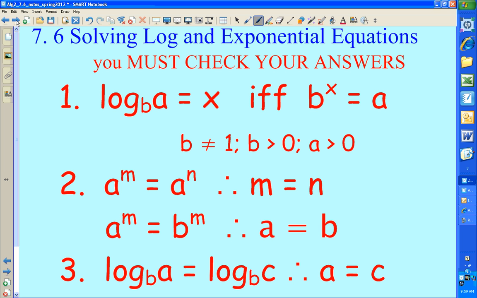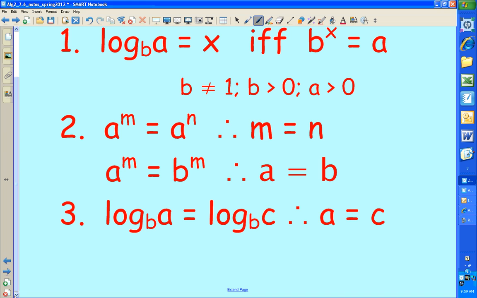If you can get the exponents to be the same, then the logical conclusion is that the bases are the same. And then similarly, if you have log base b of a and log base b of c, if the bases are the same, what you're taking the log of must be the same. That one will be more prevalent. So 2a and 3 will be very prevalent in solving equations in this section.